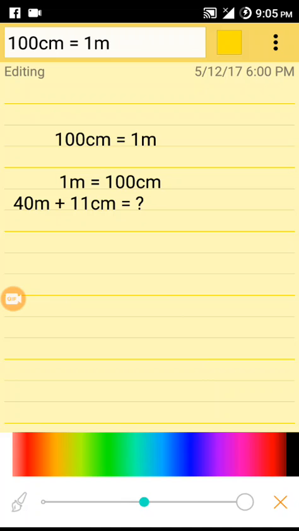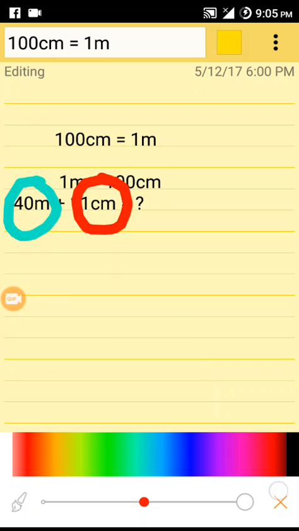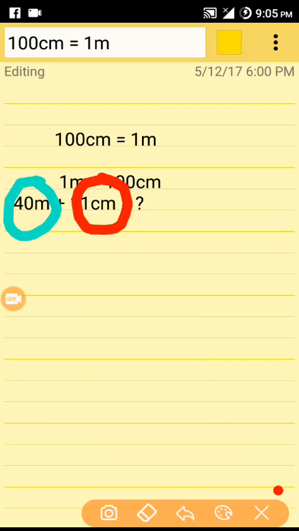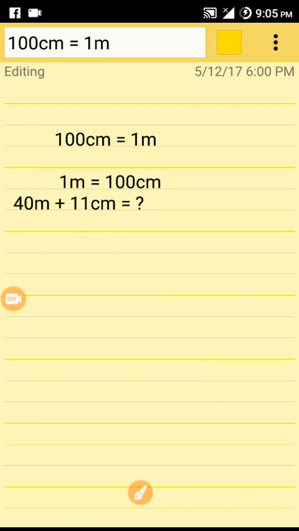Okay, this is in what? Meters. And this one too is in what? Centimeters. Good. So they are asking us to add them, but you can't add in two different units. Either you go to the left one or you go to the right one. You can't go in two different directions like that.